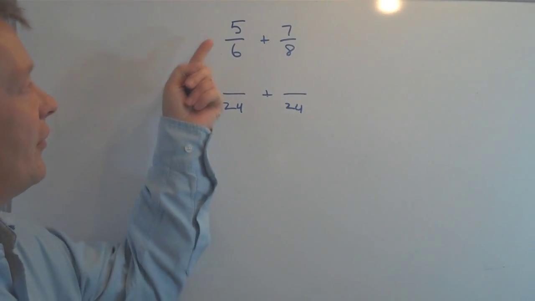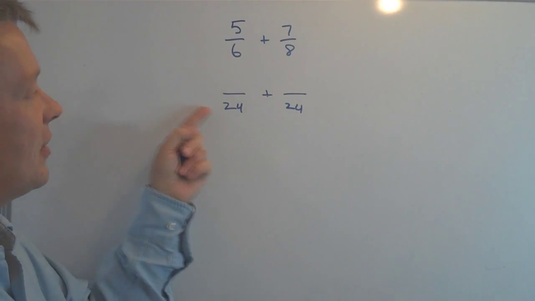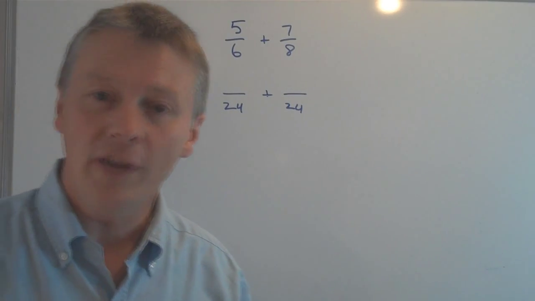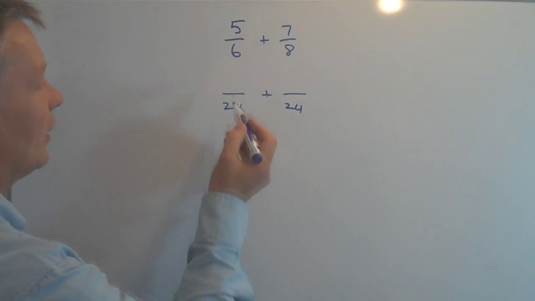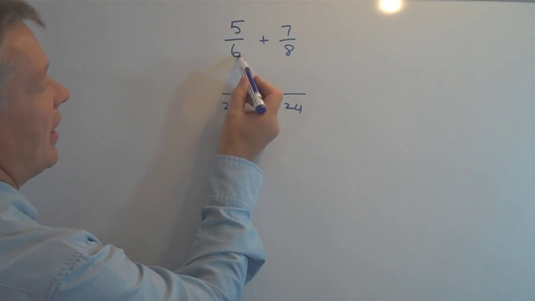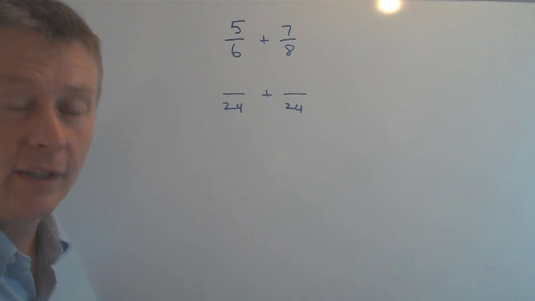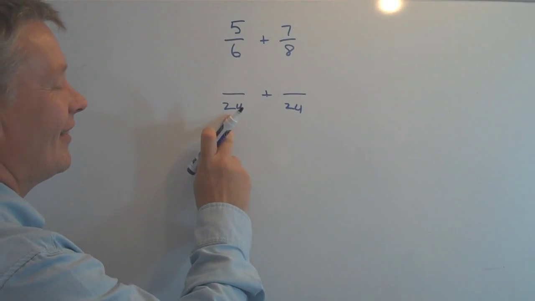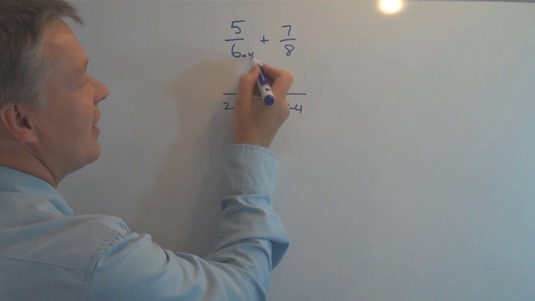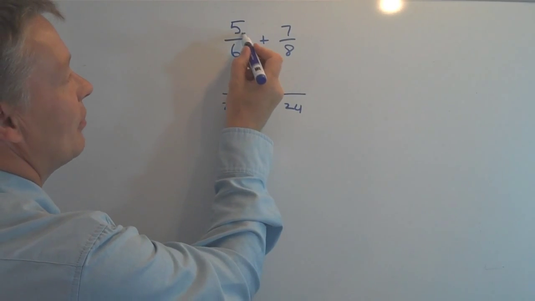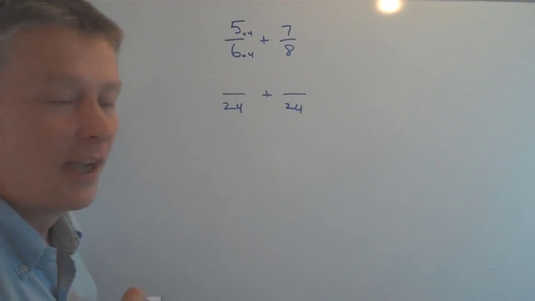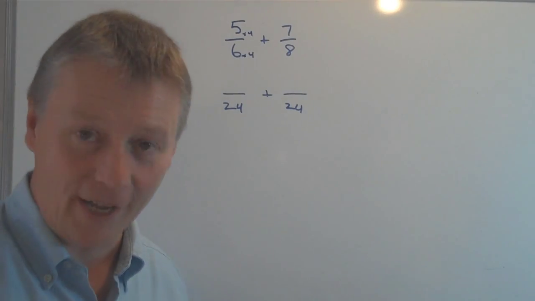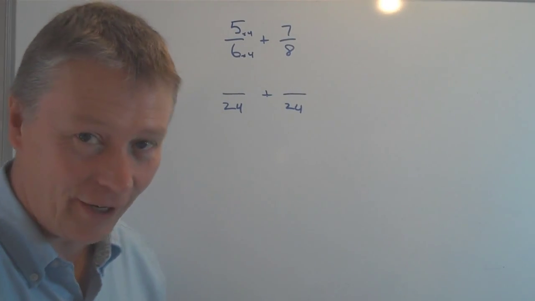In other words, the equivalent of 5/6 will be something over 24. And the way that we do that is we say, well, if I multiply 6 by 4, I get 24. So because I've multiplied 6 by 4, I have to multiply 5 by 4, because whatever I do to the bottom of a fraction, I have to do to the top of a fraction.